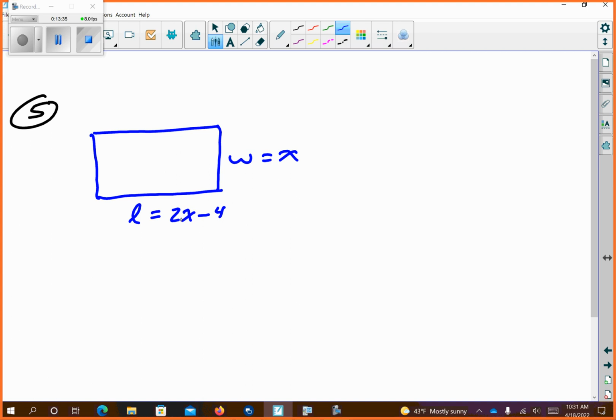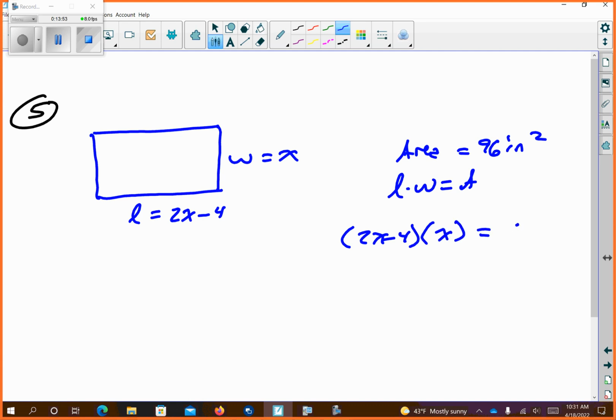And then they told us that the area is equal to 96 square inches. So I know that the area is length times width. So I called the length 2x minus 4. I called the width x. And that's equal to 96.